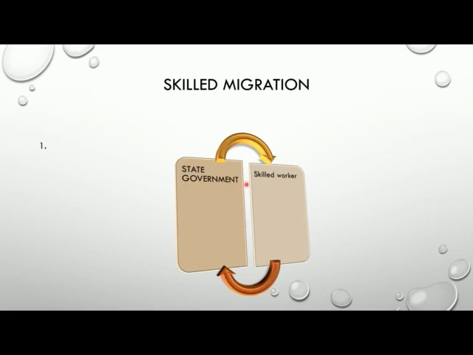So your occupation needs to be on the state government occupation list, and they want a special person. You just need to fit the requirements. Therefore, skilled migration is still a relationship between two parties, the state government and the skilled worker.